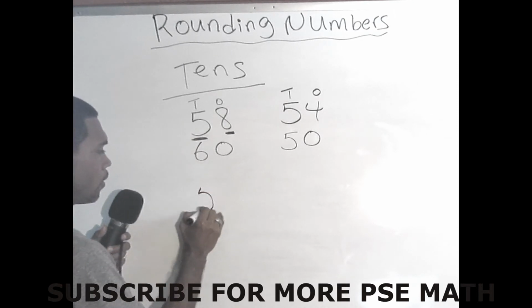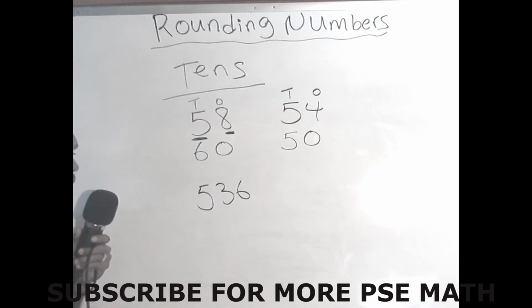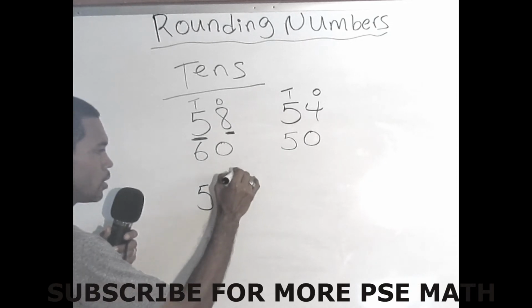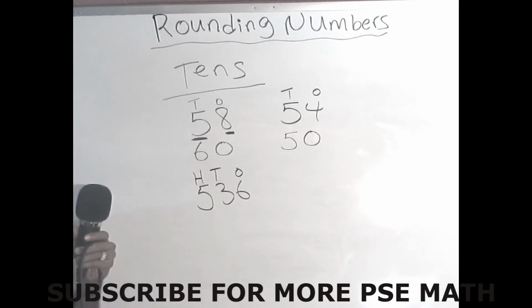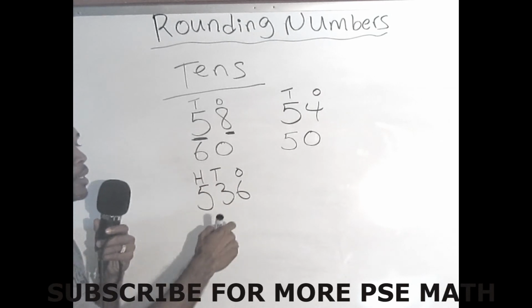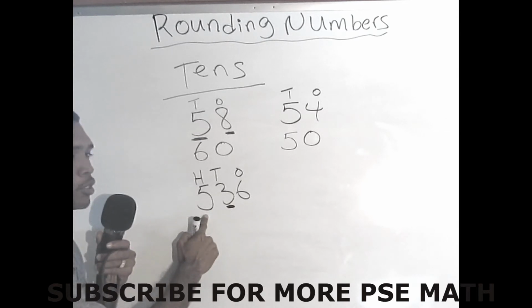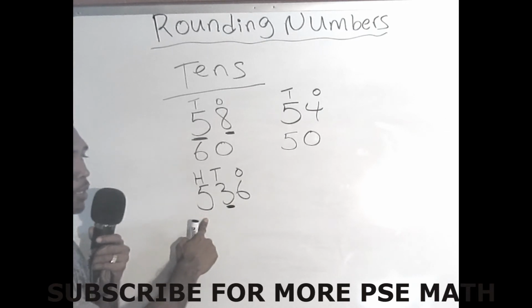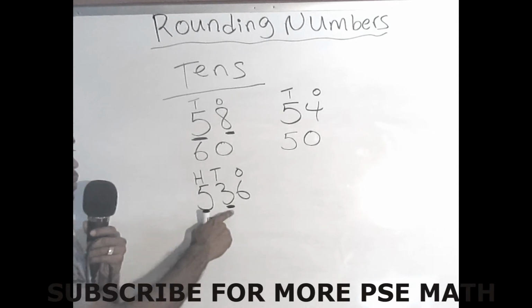Let's do one more example. Let's say we want to round 536 to the nearest tens. So this time we have 3 numbers. You have 6 in the ones place, 3 in the tens place, and 5 in the hundreds place. But remember, we're rounding to the nearest tens, so this is the number we're focusing on. 5 is in the hundreds place. We don't need that, but that will still be a part of our answer, so we automatically bring down the 5.